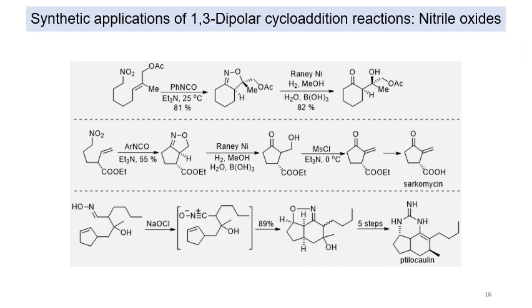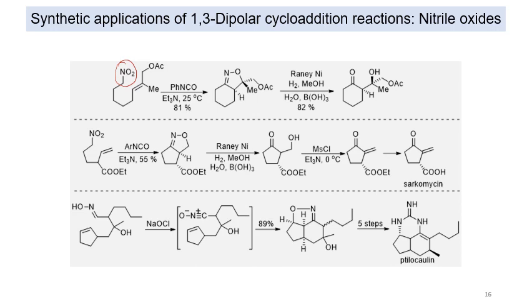Similarly, you can also do a cycloaddition. You can generate, now you see here, this is a nitro compound which has an alpha H. This can be dehydrated using phenyl isocyanate, generates a nitrile oxide in situ.